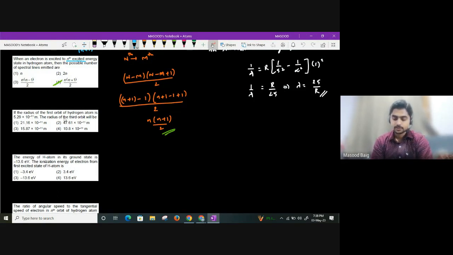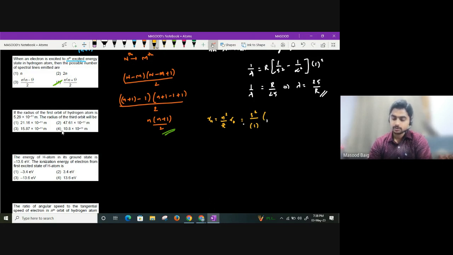If the radius of the first orbit of hydrogen atom is 5.29 into 10 power minus 11 meters, what will be the radius of the third orbit? So how will radius vary? Radius of nth orbit will vary as n square by Z times R naught, because they have mentioned hydrogen atom and they're asking the radius in the third orbit. It will be 3 square divided by Z, and for hydrogen atom Z will be 1.